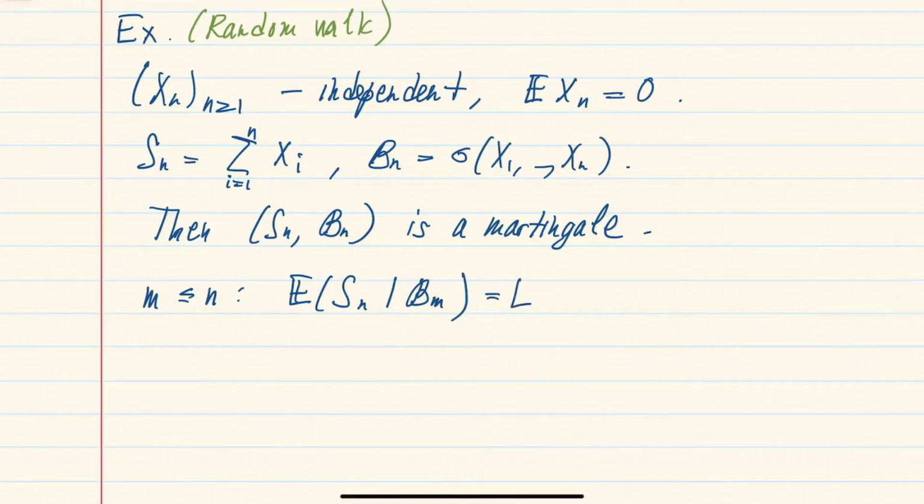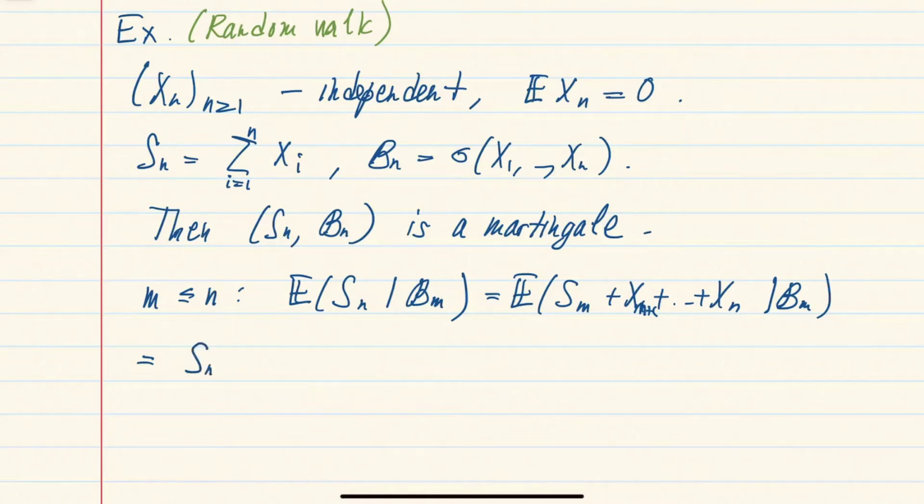And of course, if you simply write the sum up to time n as the sum up to time m plus the random variables Xm+1 up to Xn, then what we want really just follows from the properties of conditional expectations, right? Because Sm is already measurable with respect to Bm, so the conditional expectation is just Sm itself.